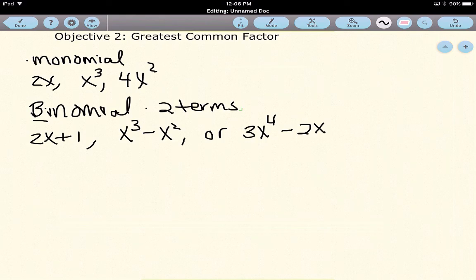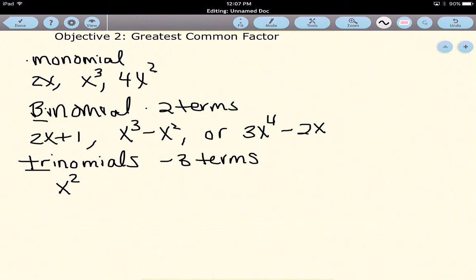Following the same pattern, we also talk a lot about trinomials, which are most popular in factoring. Tri, if you can't guess, is a three-term polynomial, most commonly looked at as x squared plus x plus 1. Another trinomial might be 3x to the fourth minus 2x cubed plus 1.